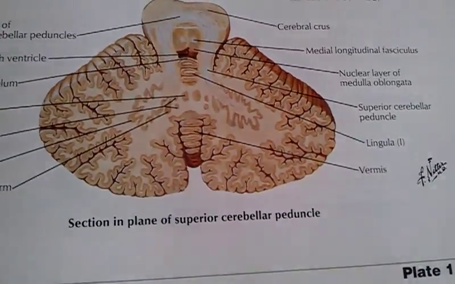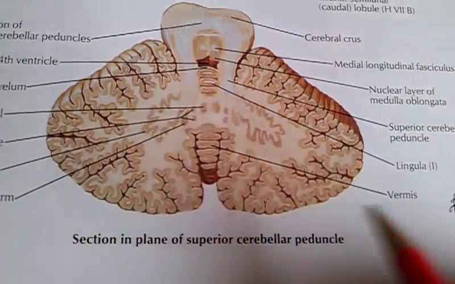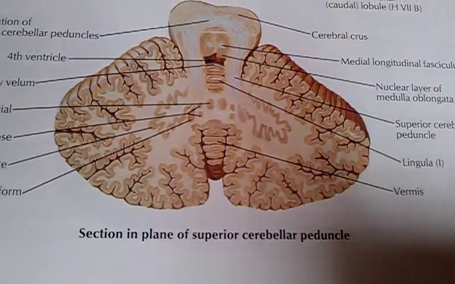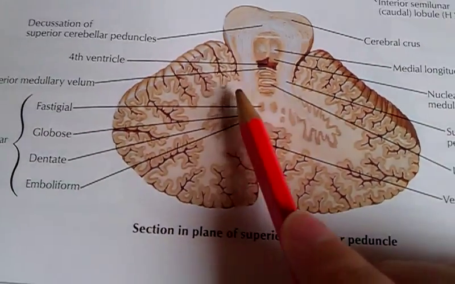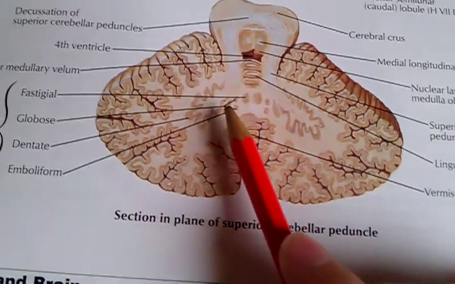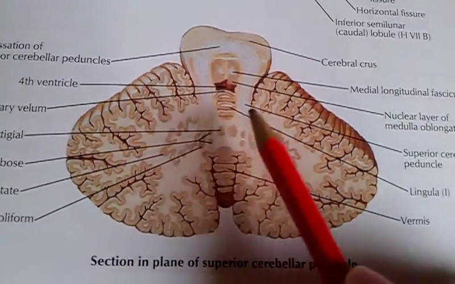Now the cerebellar nuclei, which are the grey matter in the middle: you have the dentate nucleus, which is a folded mass. It is open medially as the hilum.